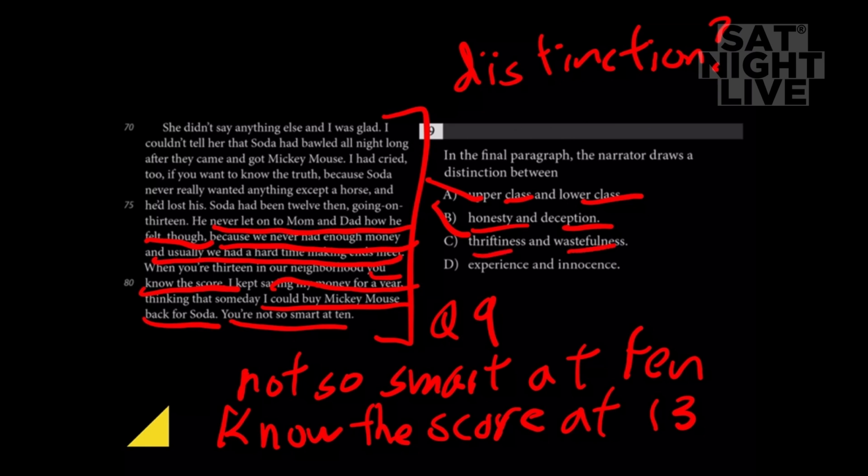Thriftiness and wastefulness, it's true that the passage does talk about money, but no one is described as being wasteful. All he's trying to do is save. Experience and innocence, sure, because it looks like Soda at 13 has the experience, whereas the narrator Pony at 10 did not. And so that's our best match, and the answer would be D.